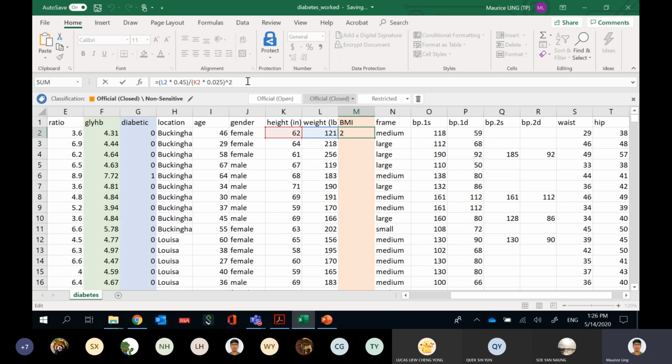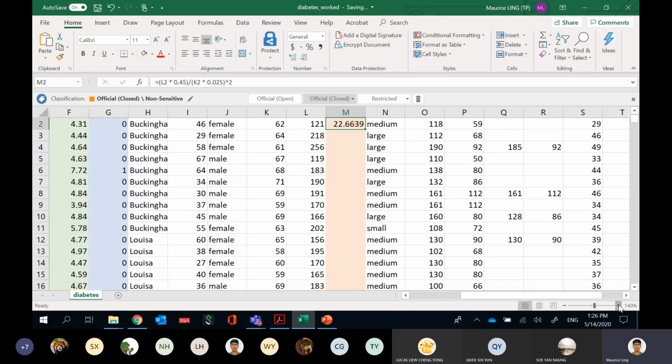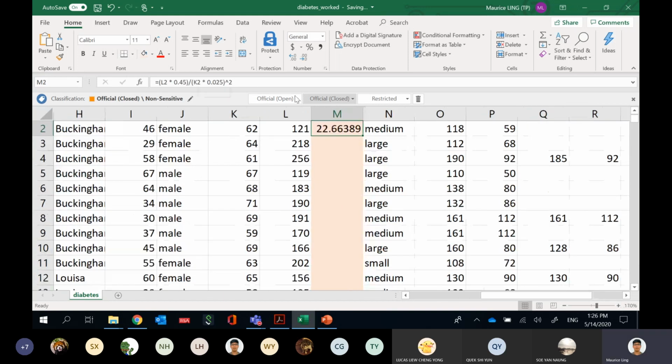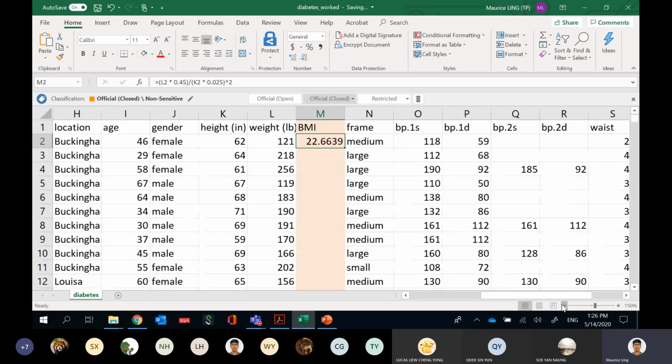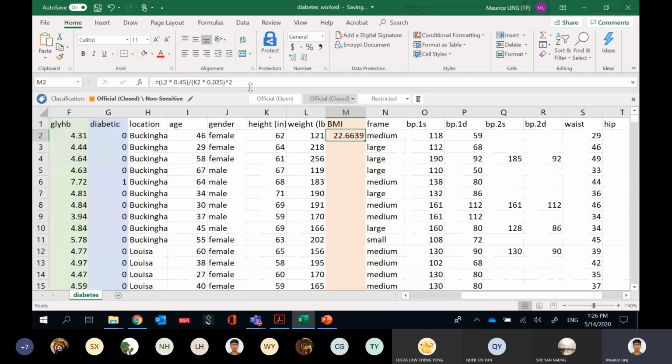The reason is I cannot expand this bar. I can expand this thing, but this bar doesn't expand. So you have to kind of squint your eyes a little bit to read.